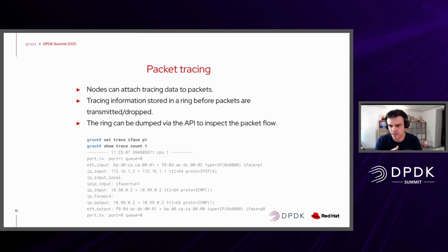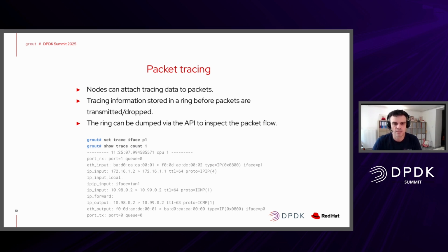You have some sort of linked list of tracing data. And when the packet is transmitted or dropped, the tracing information will be stored somewhere in the ring. And then via the API, you can access all this traced information.